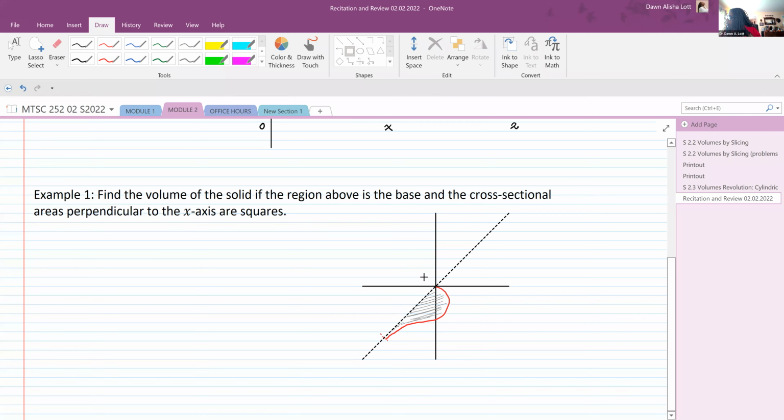So there are squares that are standing up. Okay, so you can see my areas that are standing up in the air right there. Okay, any questions about that? So they're standing up in the air, laying on top of this thing.